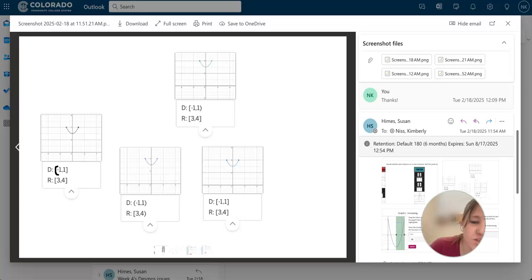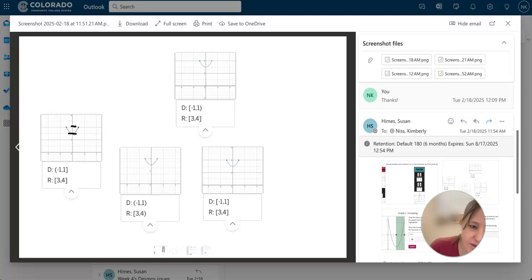Now the range is just a matter of your y values. So you're just evaluating it from here to here. So this is from 3 to 4. y equals 3 to y equals 4.